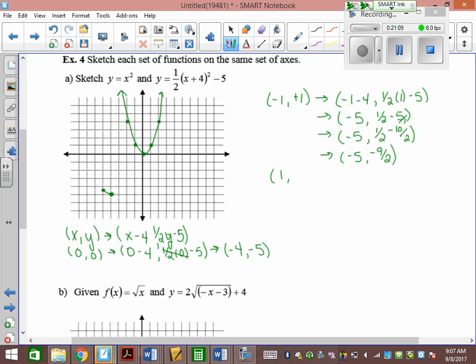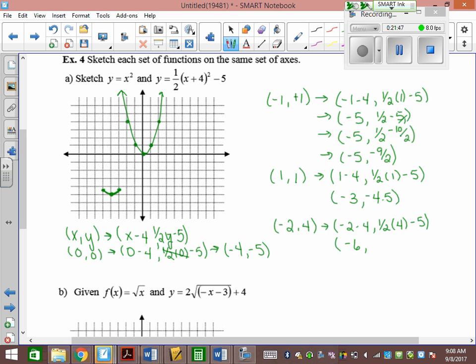If you do 1 and 1, you're going to get 1 minus 4, and then 1/2 times 1 minus 5. So you get -3 and -4.5. Then -2 and 4, you get -2 minus 4, and then 1/2 times 4 minus 5.